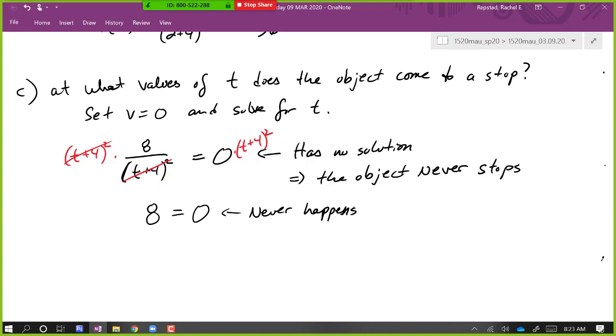Yeah, this one actually, the type of question that we're going to answer is kind of similar to the one we just did, although not in the context of displacement and velocity.